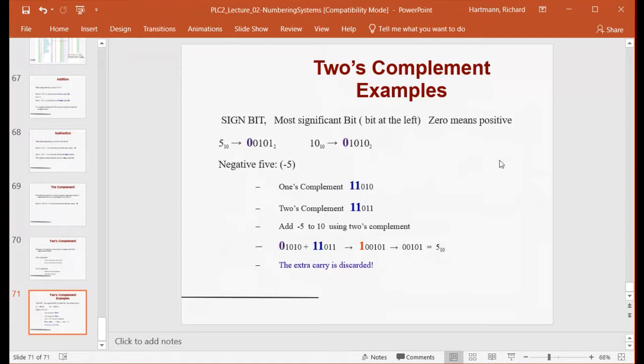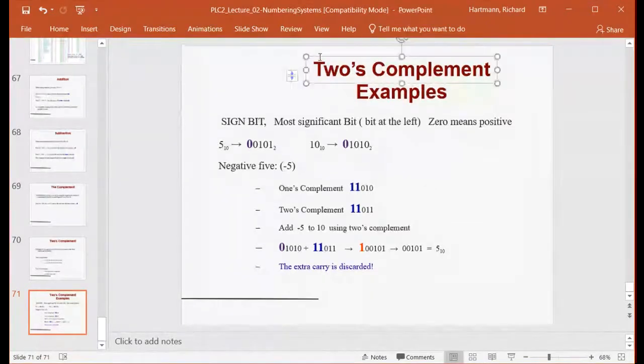You just flip the ones and zeros, add one, and then add. So you don't even subtract. It's really easy to build a circuit that can flip a 1 to a 0 and then add one more to that value. That electronic circuit is very simple to build. And so this is how they do it.